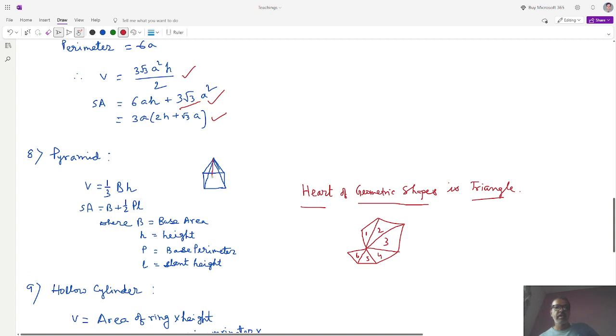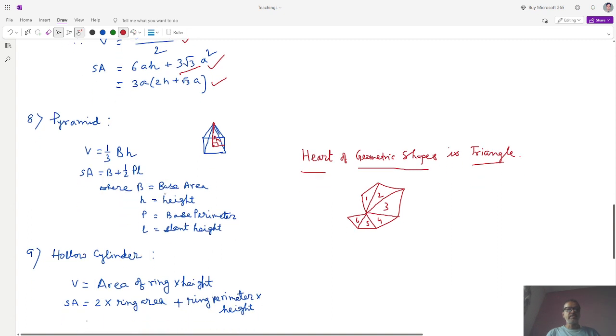This is the center point and this is the vertex point. If we take this height as h, then the volume will be 1/3 B h. Okay, I hope you understand.